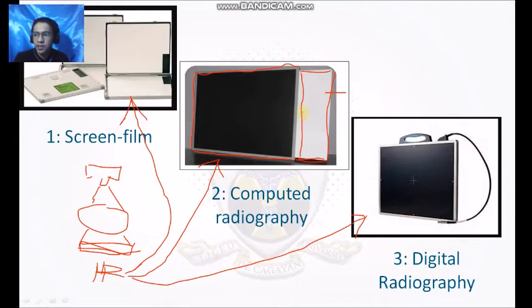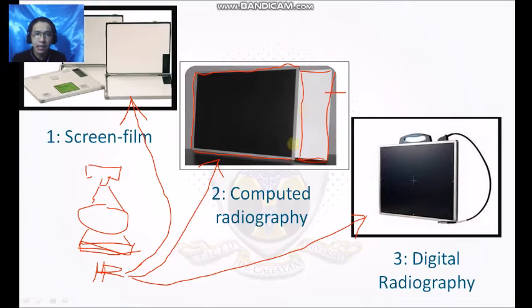For example, in conventional radiography, we have the cassette and the X-ray film here, right? We manually remove and load the X-ray film into the cassette. So that's the function of the radtech.